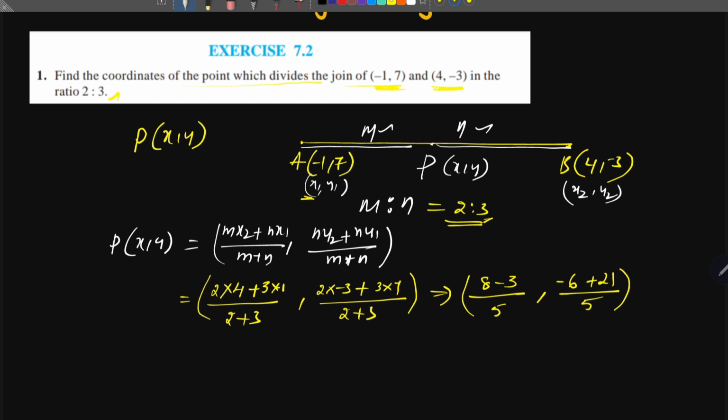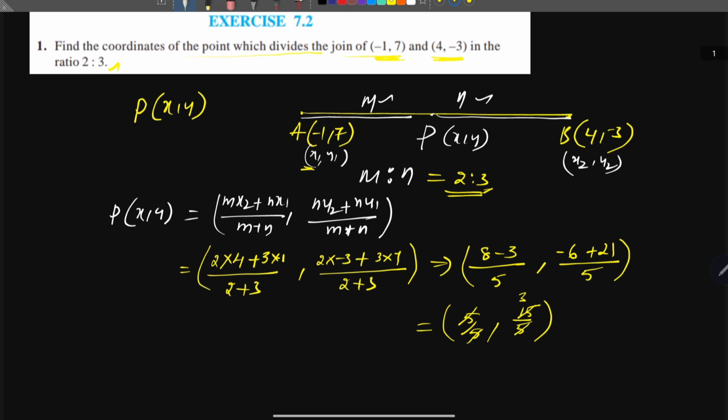So 8 - 3 is 5, so 5 divided by 5, comma. Then -6 + 21 gives +15, divided by 5. The 5 cancels with the 5, and 5 into 15 goes 3 times. So the answer is (1, 3).